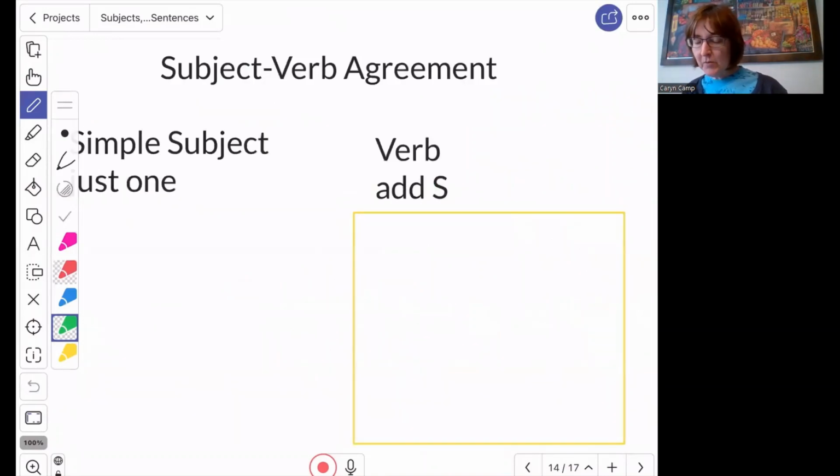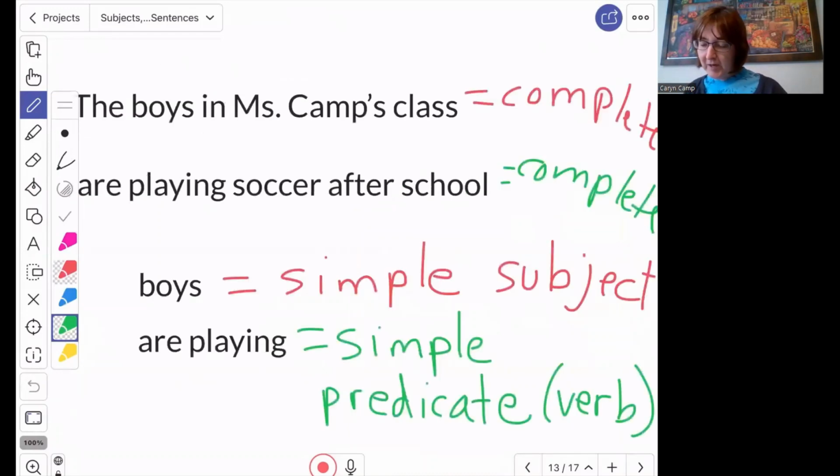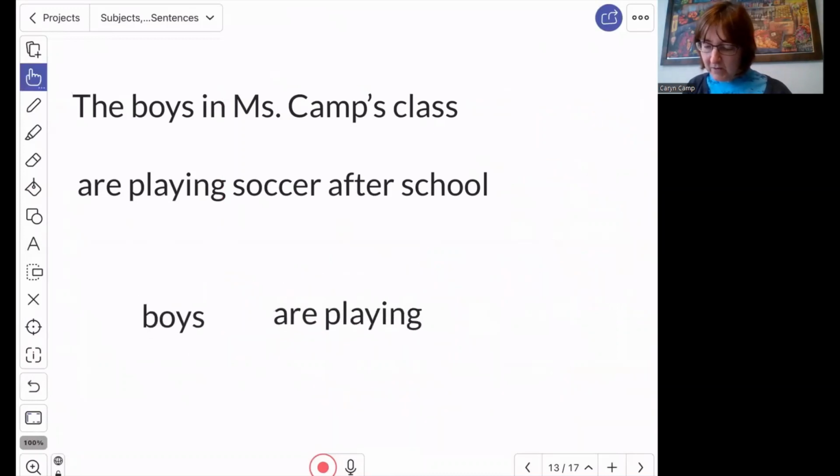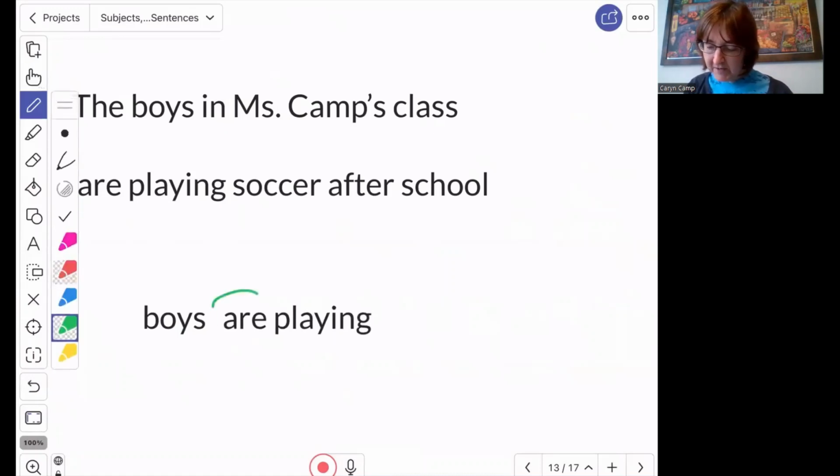Okay, well, the reason it's so important to find the simple subject and the simple predicate is because we have to decide, when we're looking at the verb, right here, this part of the verb, are we going to use is or are we going to use are?